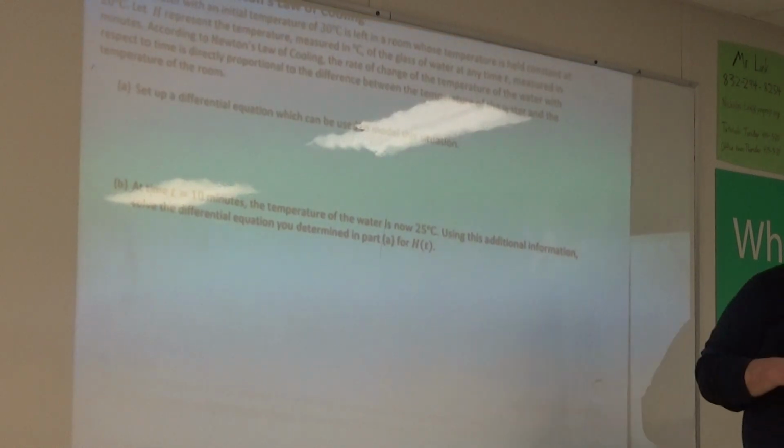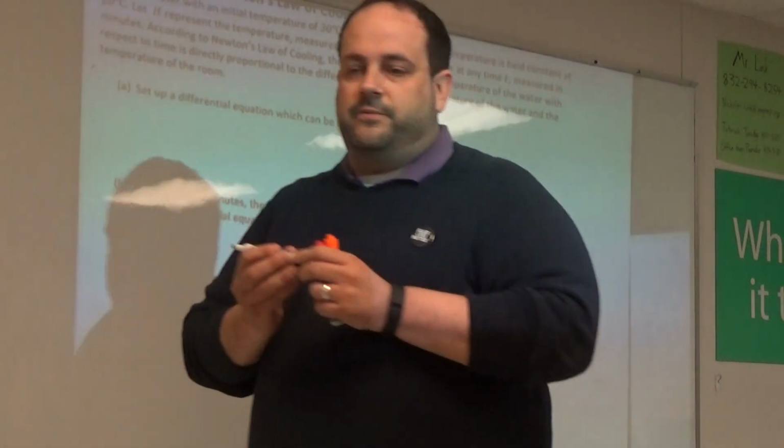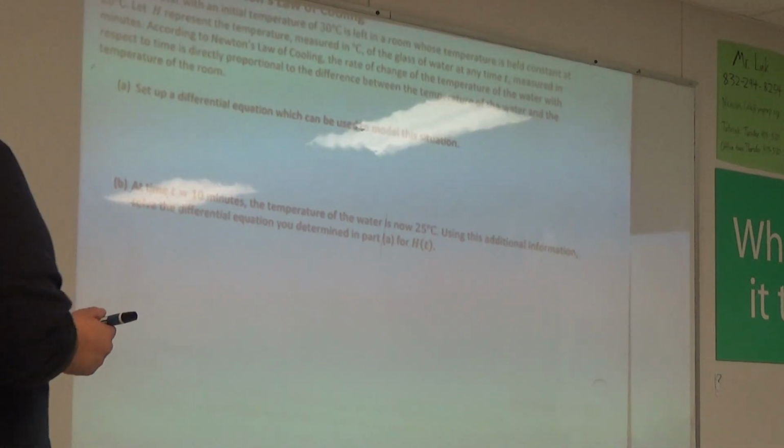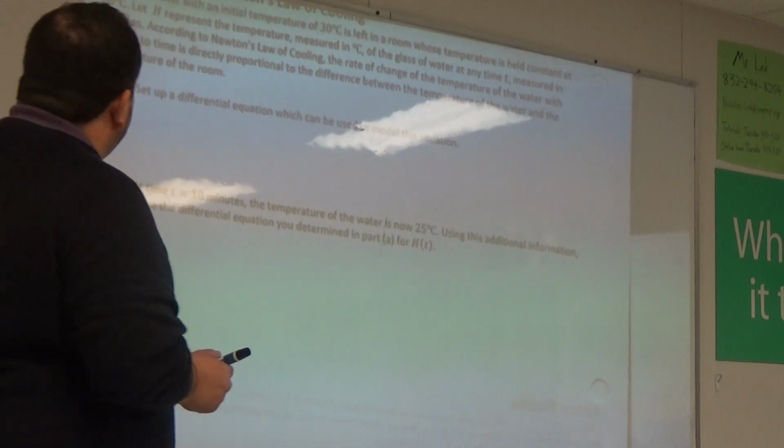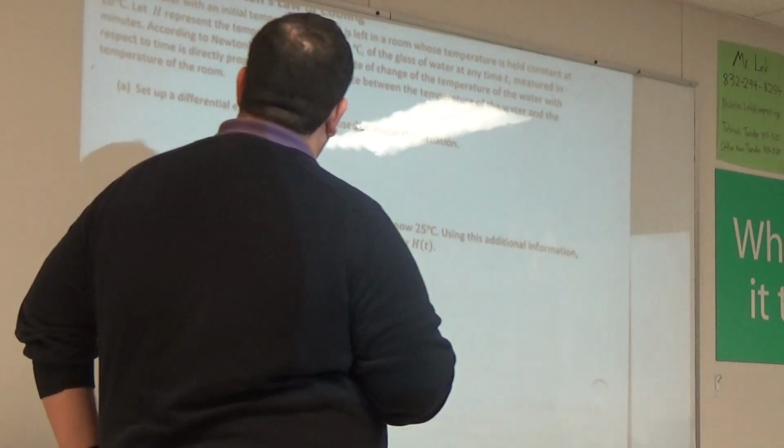All right, friends, we've had some time to read. What are the important things? I'll take anything from anybody. Jennifer, what you got for me? The temperature and the time are directly proportional. Where are you reading that?